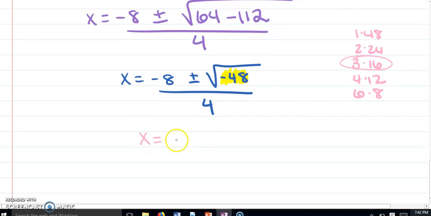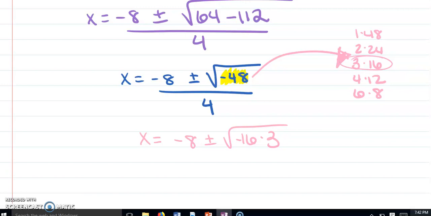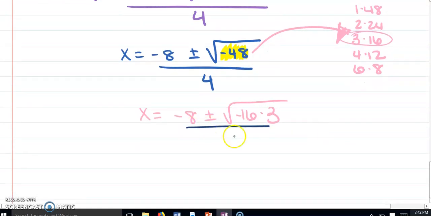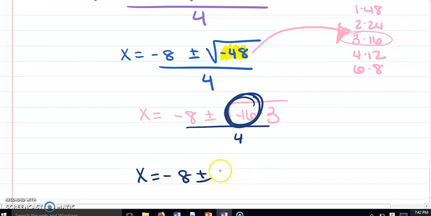I'm going to write it as x equals negative 8 plus or minus the square root of negative 16 times 3. And the reason that I put the negative on the 16 is because that's the number I'm taking the square root of. So hopefully it reminds you that you're going to need to include i. So all over 4. We'll simplify x equals negative 8 plus or minus the square root of negative 16, which is 4i square root of 3, all over 4.